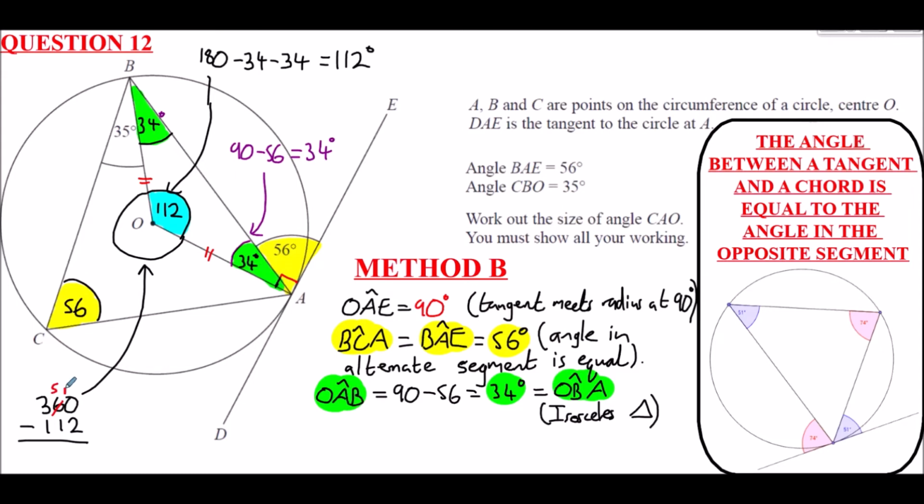The 1 we're borrowing moves over to that 0, which is now 10. 10 take away 2 is 8, 5 take 1 is 4, and 3 take 1 gives us 2. So this angle's 248 degrees. So in 360 minus that angle, we worked out that the angle on the other side of the centre is 248.